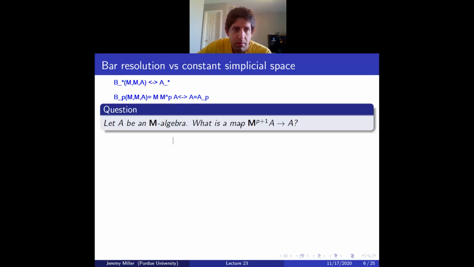So how do you get a map from M to the p plus 1 A to A?